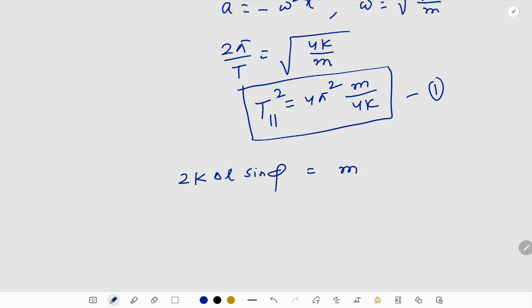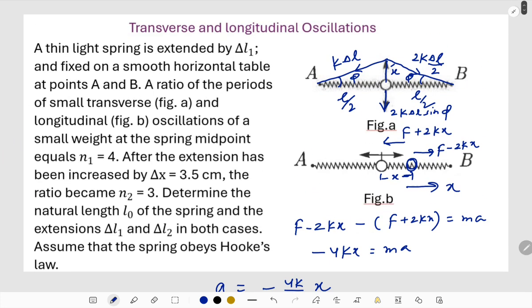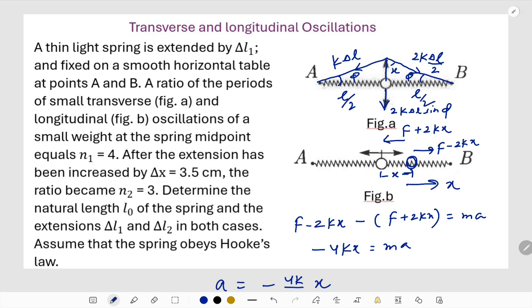Mass of the ball is supposed to be m, and its acceleration I would like to write in terms of x. x is the displacement, and x can be written here simply because x upon L by 2 is equal to tan phi here, and phi is quite small, so I can write it as x by L by 2, or 2x by L equals phi.